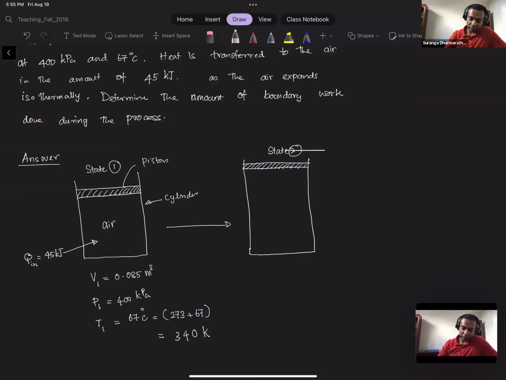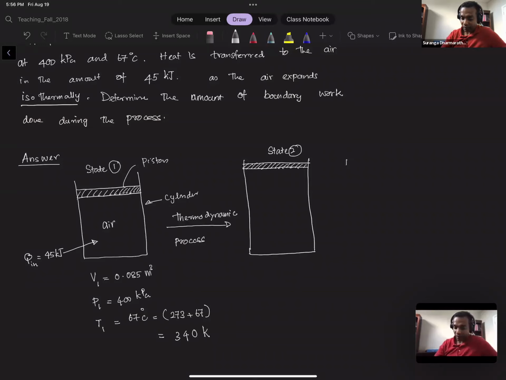Now it's a change in states. A change in state means a process. So this is a thermodynamic process. And it says expands isothermally. So that's a particular specific process.